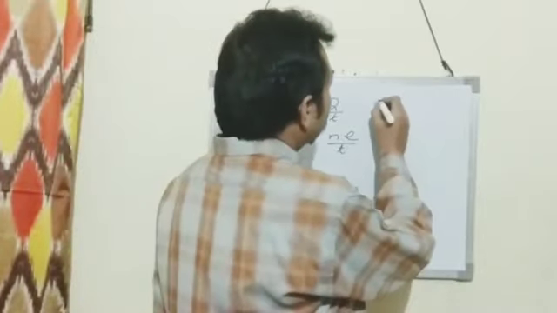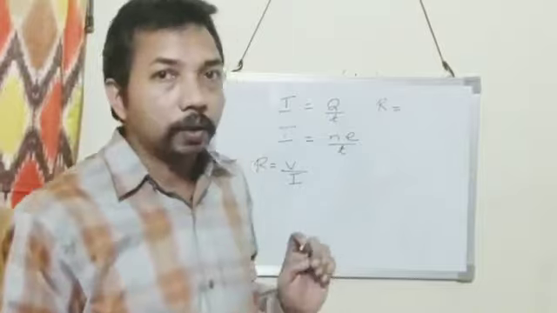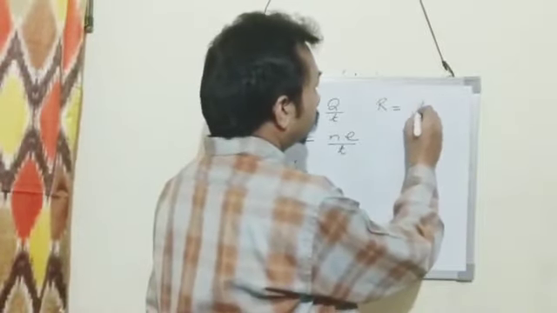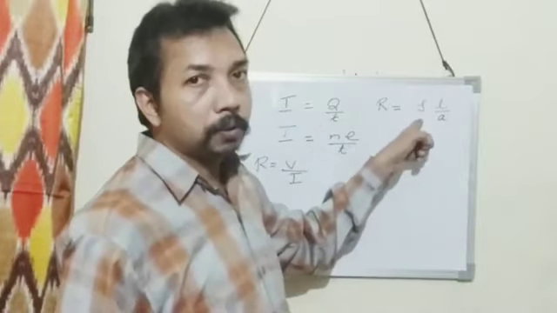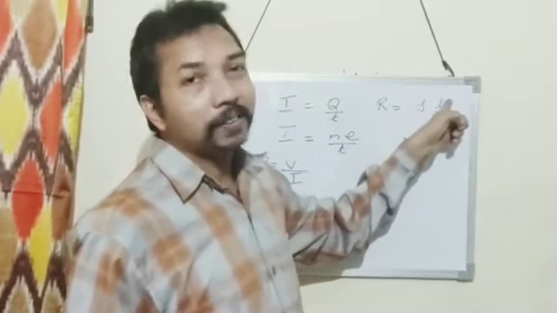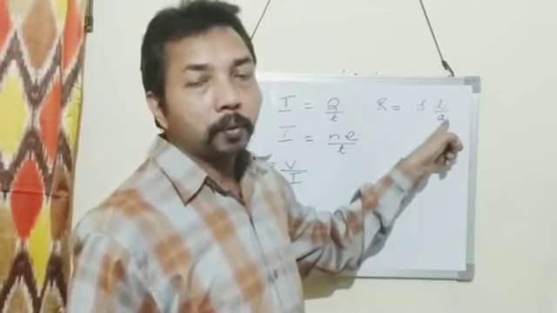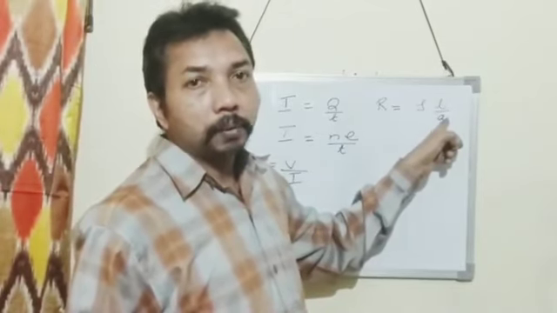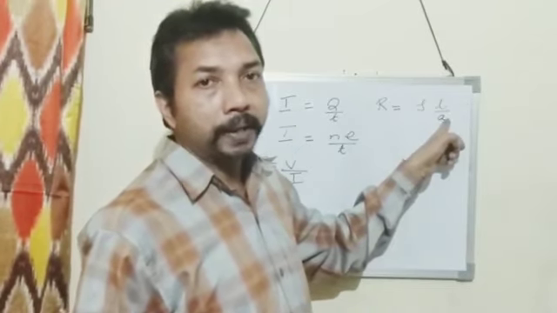Then resistance in terms of specific resistance. Resistance R is equal to specific resistance into L by A. This rho stands for specific resistance, L stands for length, and A stands for area of cross section. The area of cross section of a wire can be calculated by the formula pi r square.